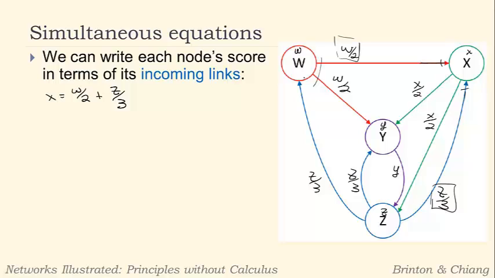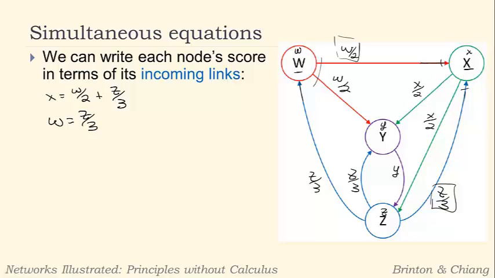And if you're on Z, there's a Z over 3 chance you're going to come to X because it splits into thirds. Now let's try to write the equation for node W and W's importance score. You can only get to W in one step at least if you come from Z, right? So W then has to be equal to Z over 3 because when you're on Z, there's only a third of a chance of getting over to W. So we say that W is equal to Z over 3.